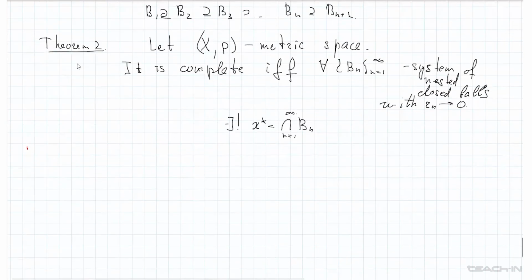First, I prove this direction. So we have complete metric space.